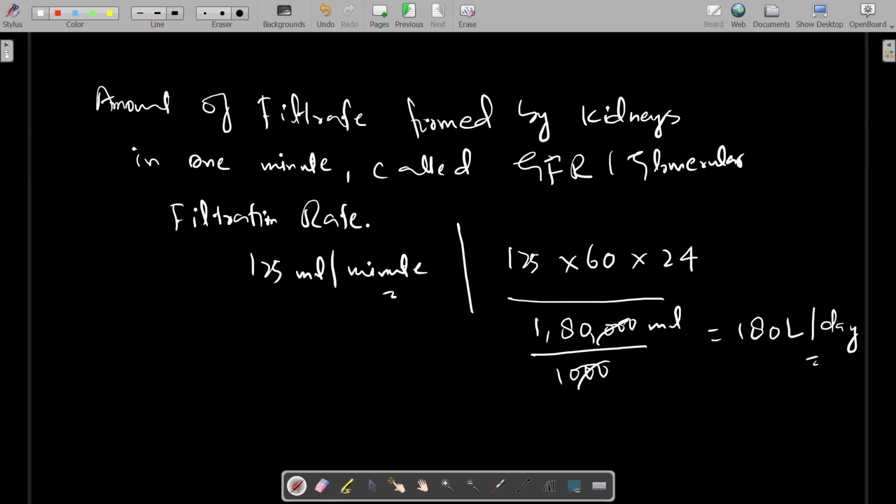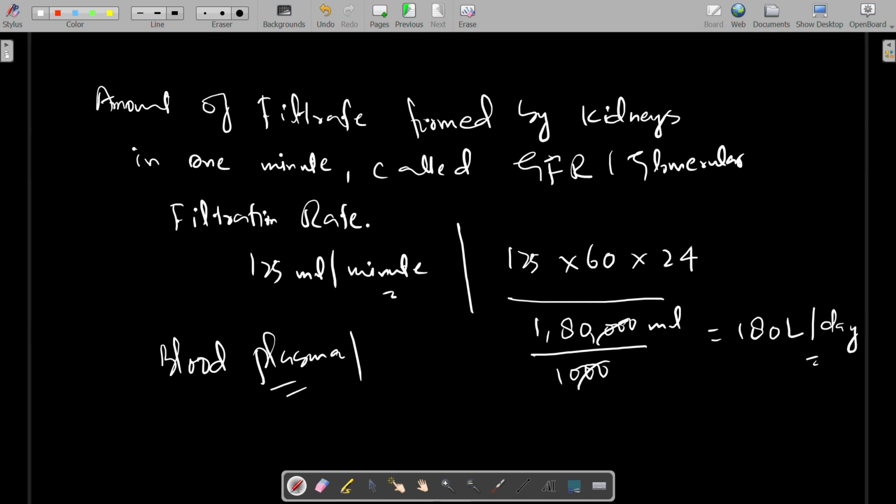If you check out the composition of this glomerular filtrate, it has the same composition as your blood plasma, only the proteins don't leak out into the renal space. They are sent back by your basement membrane. And one more thing you need to remember is that of all these three layers, the first one was the endothelium, the second is the basement membrane, and the third is the epithelium of the renal capsule.